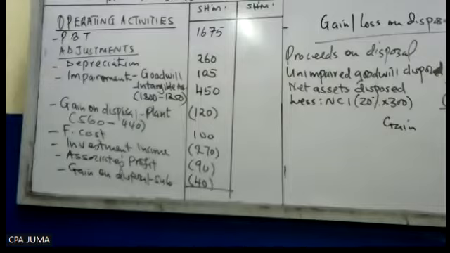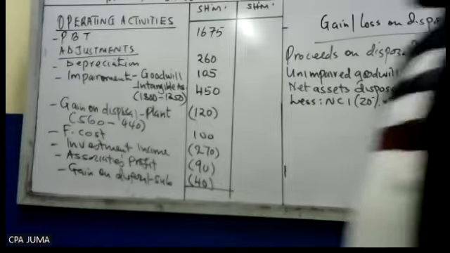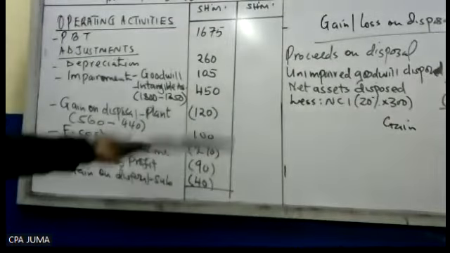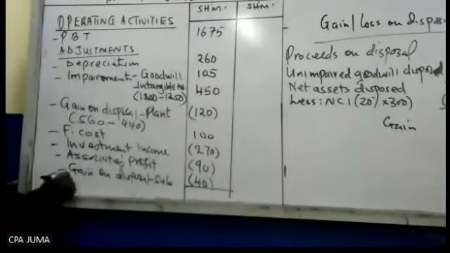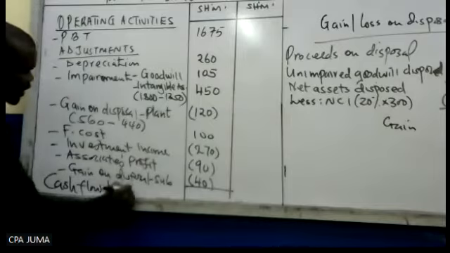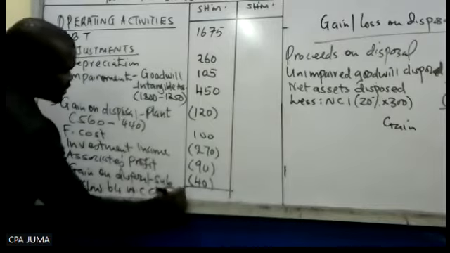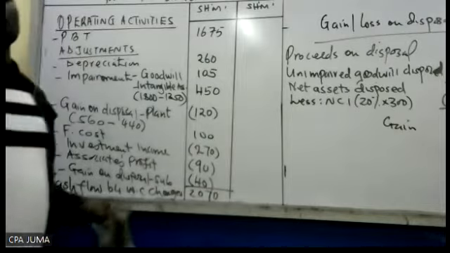All right, so how much when you adjust? 2070. Call it cash flow before working capital changes. 2070. Let's go for working capital.